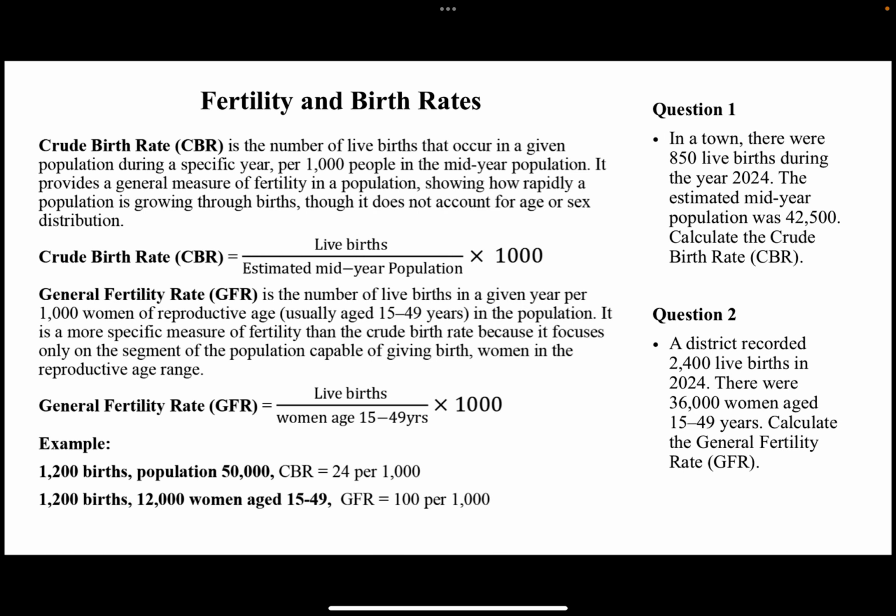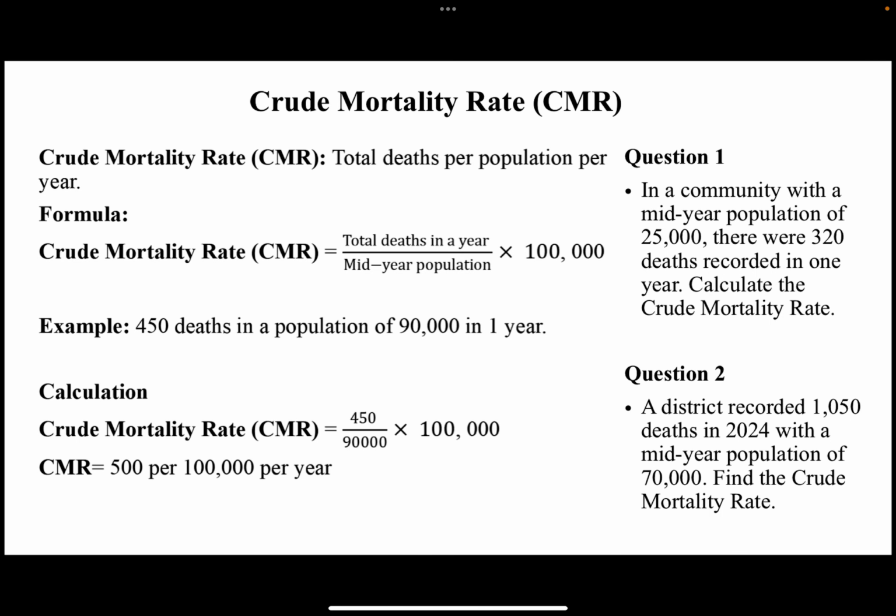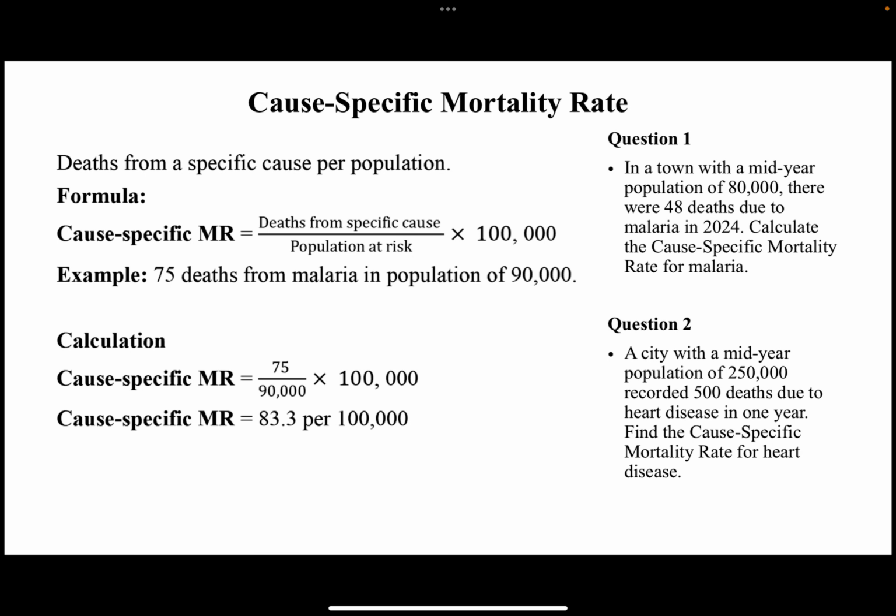It helps us describe the health status. For example, if you calculate crude mortality rates, it will help you understand the impact of certain diseases. For example, the cause-specific mortality: if people are dying from a specific cause, you perform the calculation, and the cause-specific mortality for malaria is this. It helps you appreciate and describe the impact of that disease. It allows us to also make comparisons.